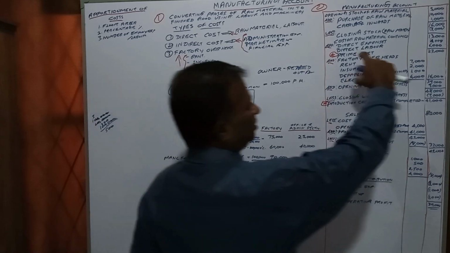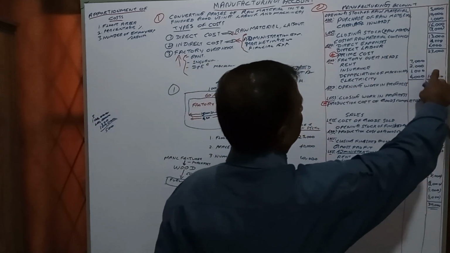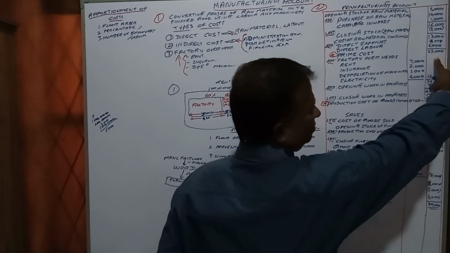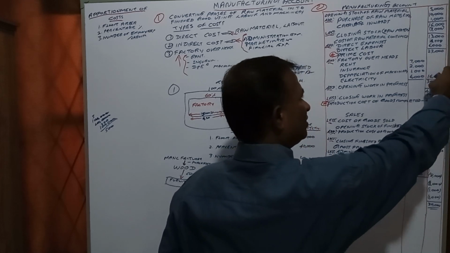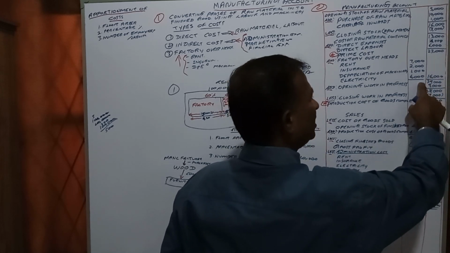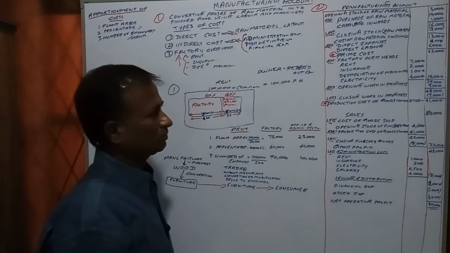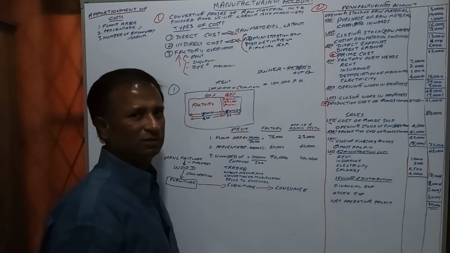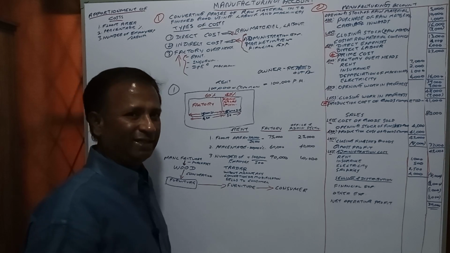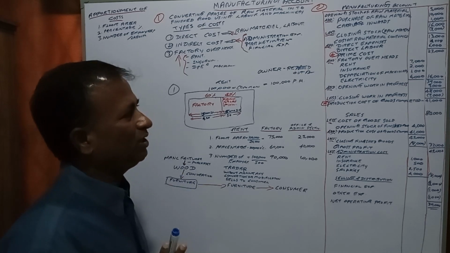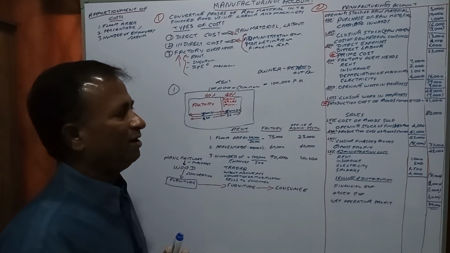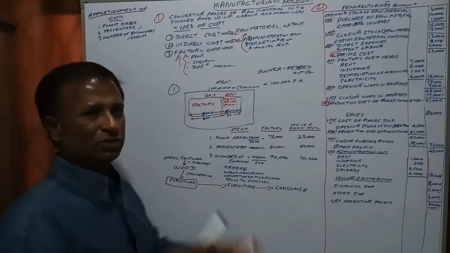Factory overheads are 16,000. Prime cost is 23,000. If you add 23,000 with the 16,000, 39,000.